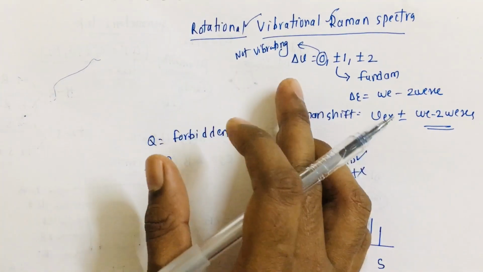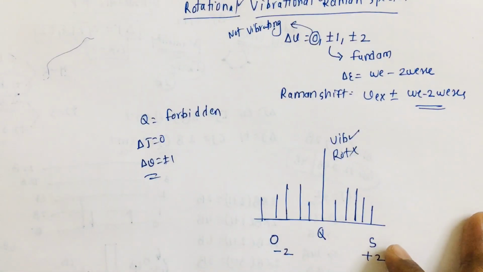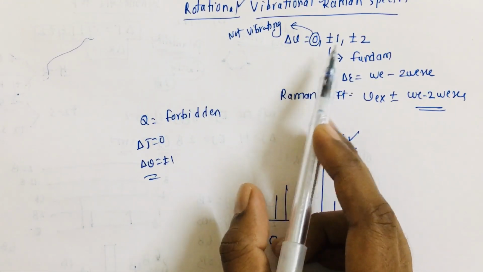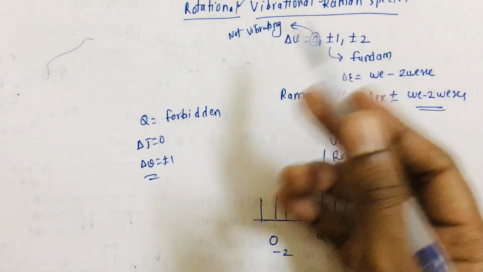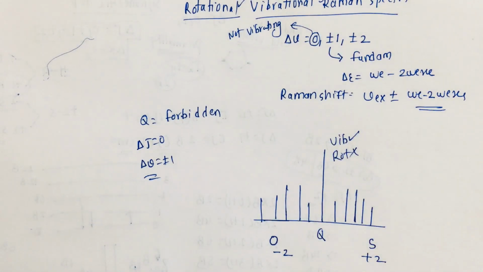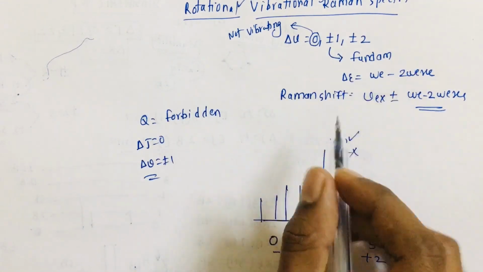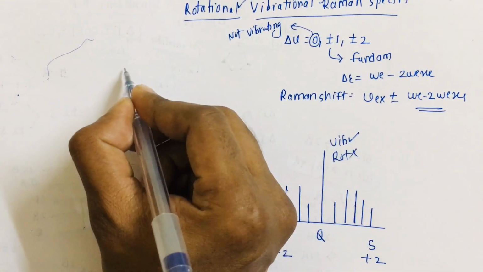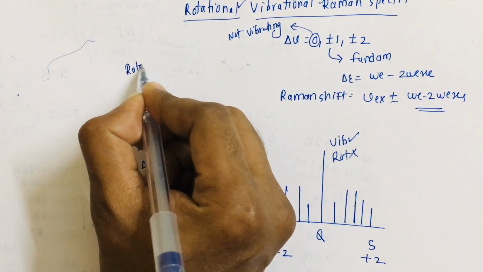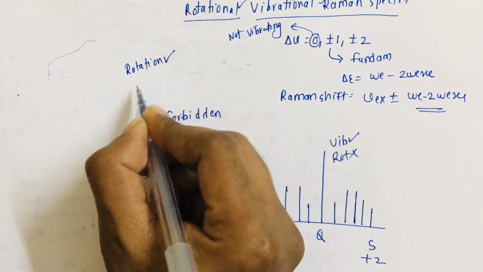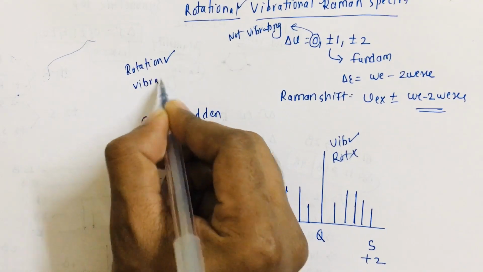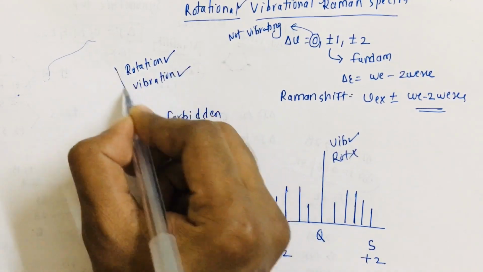So this is rotational vibration Raman spectra, and the selection rule is delta nu equals 0, plus or minus 1, plus or minus 2. I have explained this in detail. Rotational vibration Raman spectra will be observed only when there is a change in the rotations as well as vibrations. Then only we will observe it, otherwise we cannot.